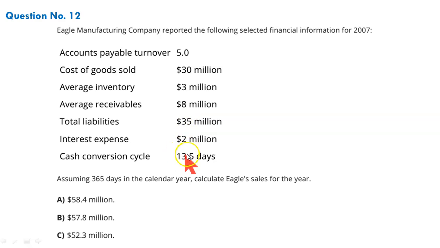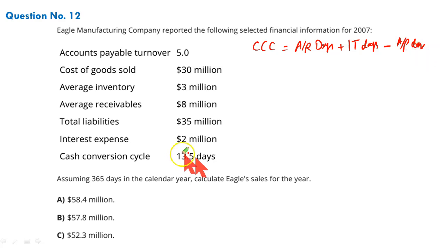What to do? We should take this as our starting point. We will take our cash conversion cycle, which we know is equal to accounts receivable turnover days plus inventory turnover days minus accounts payable days, meaning the average payment period.